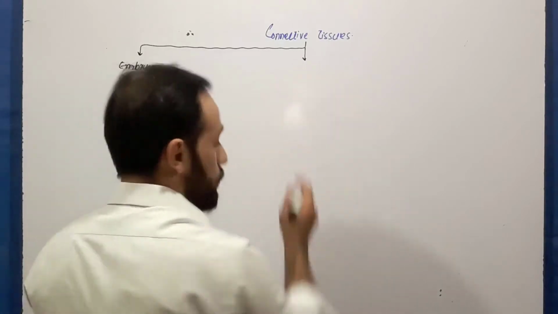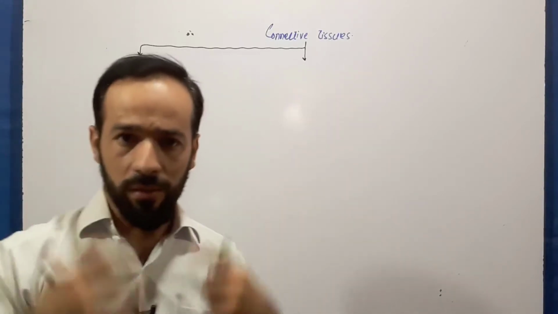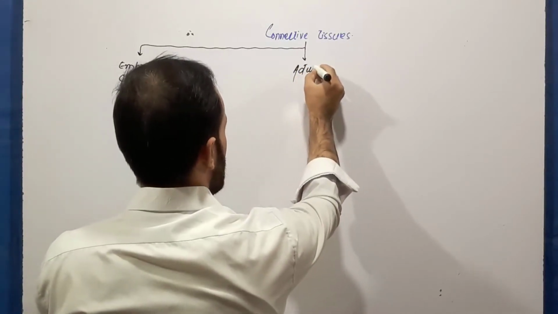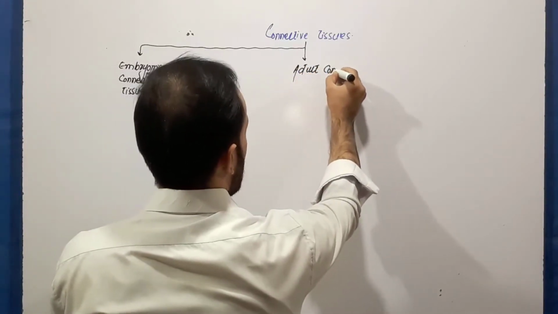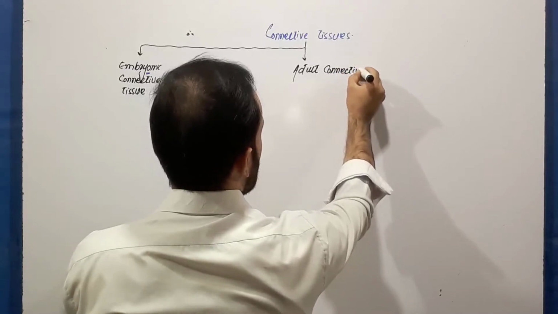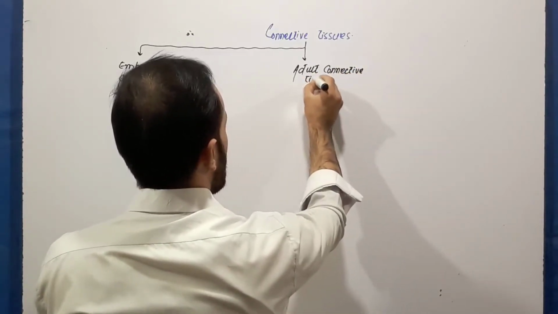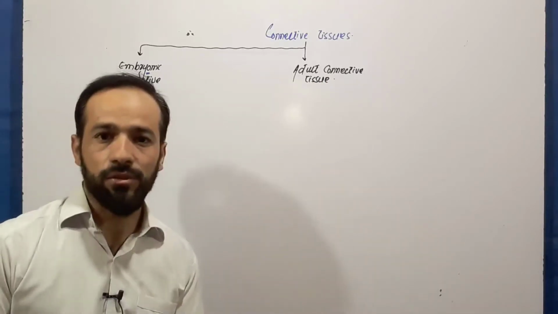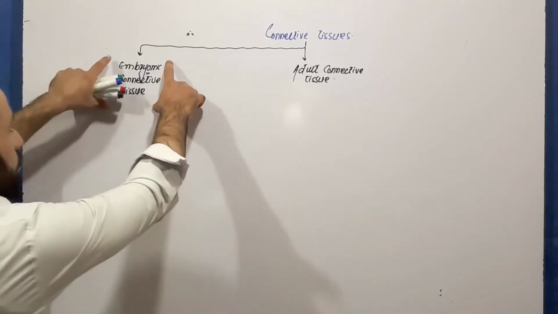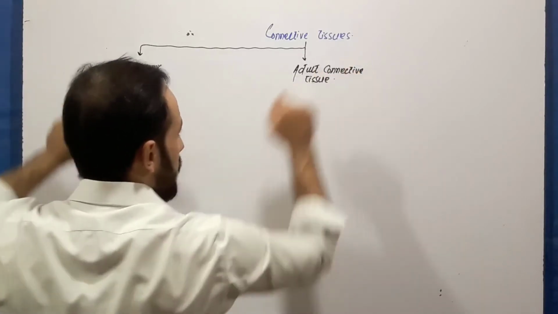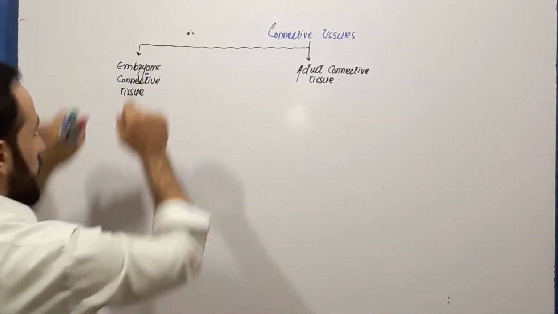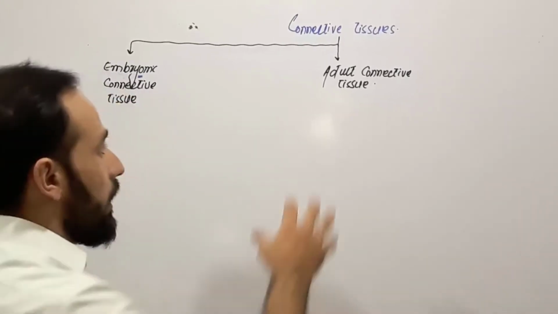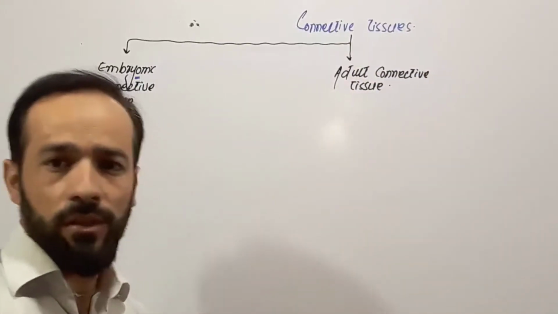And the other type of tissue, which is present all over my body right now, is called the adult connective tissue. Be with me. Inshallah, at the end of the lecture you will learn all the classification of connective tissue very easily. So there is embryonic connective tissue and adult connective tissue. Embryonic connective tissue is present during embryonic life, during developmental life, and adult connective tissue is present right now in our body.